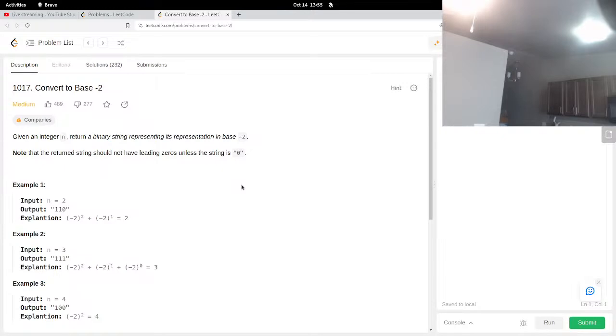So in my problem here, I can do negative 2 to the fourth plus negative 2 squared plus negative 2 to the first, which gives me 16 plus 4 plus 2. No, that's wrong.